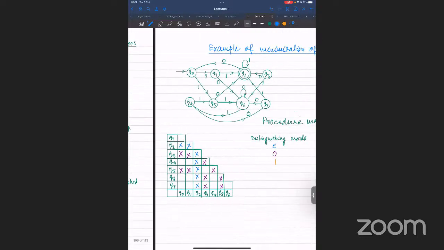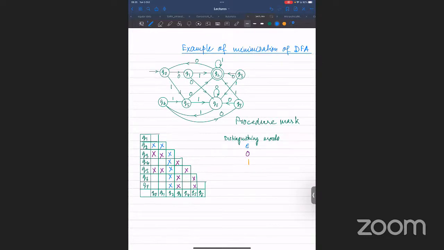If you recall, we considered the states, for example, Q2 and Q3. Q2 is a final state, Q3 is a non-final state. So they can be distinguished by the string epsilon.